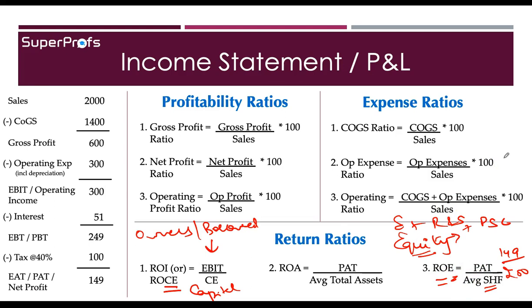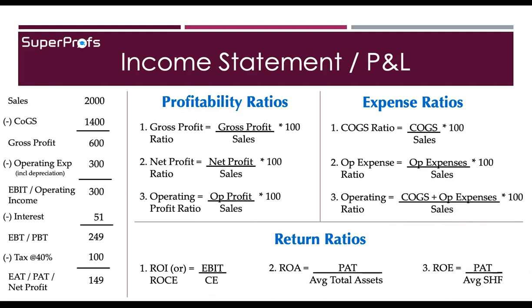So far we have covered three kinds of ratios: profitability ratio, in which you calculate gross profit ratio, which is gross profit divided by sales. Then you have net profit ratio, where the numerator is net profit and you divide it by sales. Third one is operating profit, in which you divide the operating profit or operating income, or EBIT, by sales.